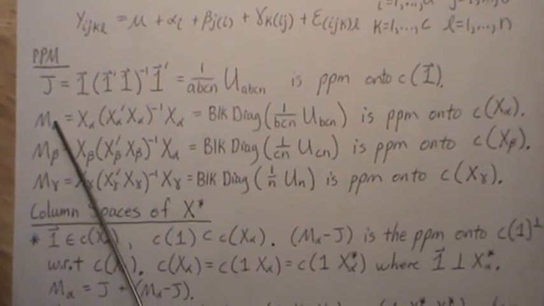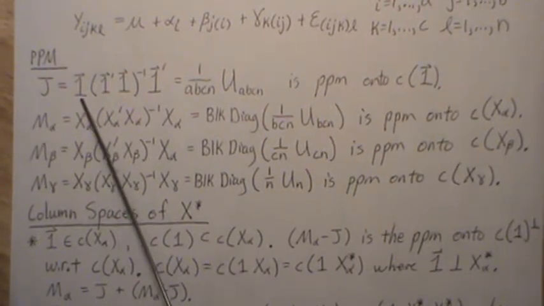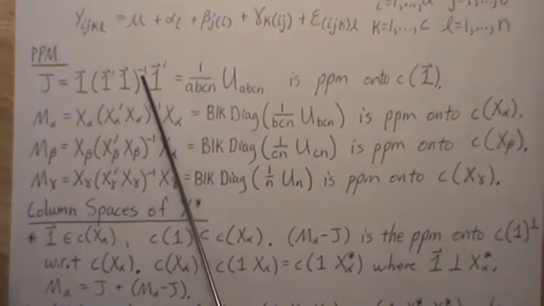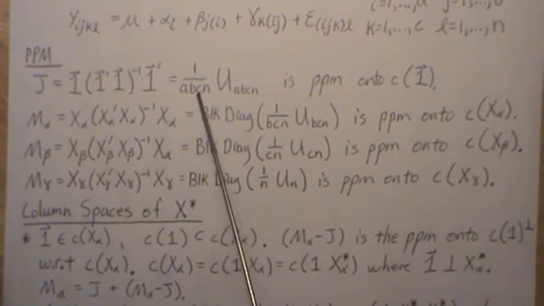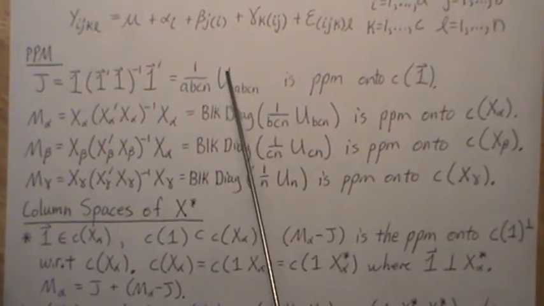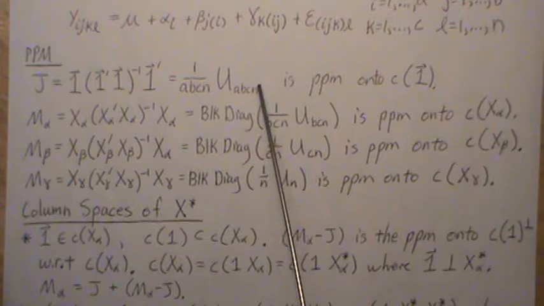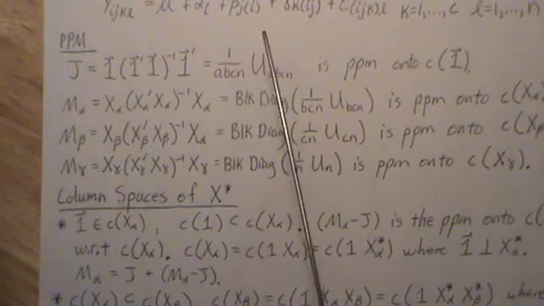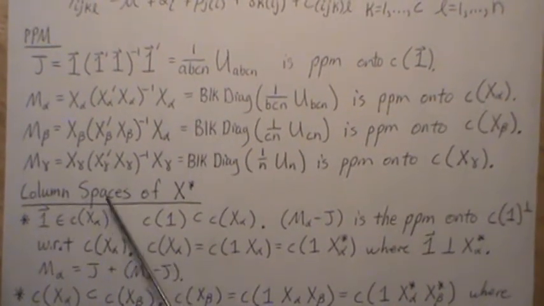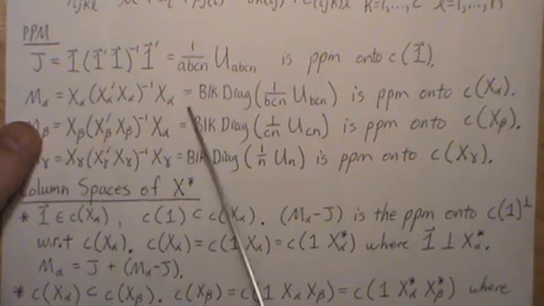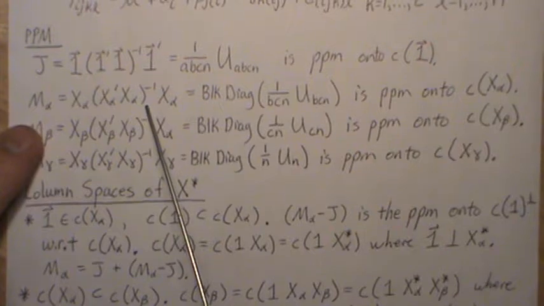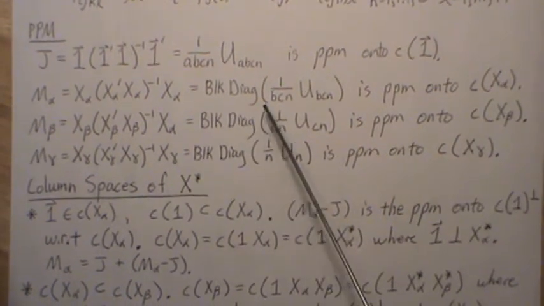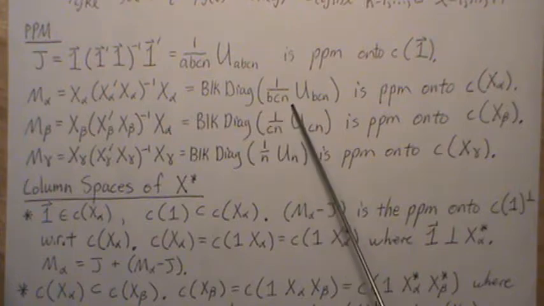The perpendicular projection matrix onto the column space of 1 is 1 (1 transpose 1) inverse 1 transpose, and it has this structure. It's 1 divided by ABCN times U, where U is a square matrix of ABCN of all 1s. So really this is a constant matrix of 1 divided by this. The perpendicular projection matrix onto the column space of X alpha is defined this way, and it ends up being a block diagonal of 1 over BCN.